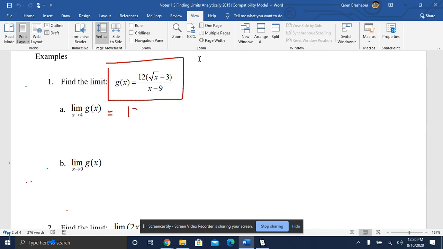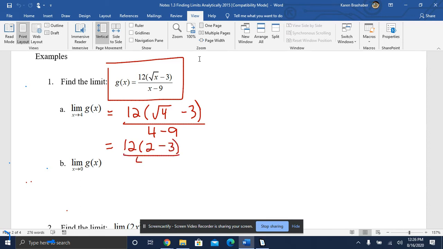So that would be 12 times the square root of 4 minus 3. And then in your denominator, again, putting in a 4, and so having 4 minus 9. And then simplifying, that would be 12. The square root of 4 is 2.